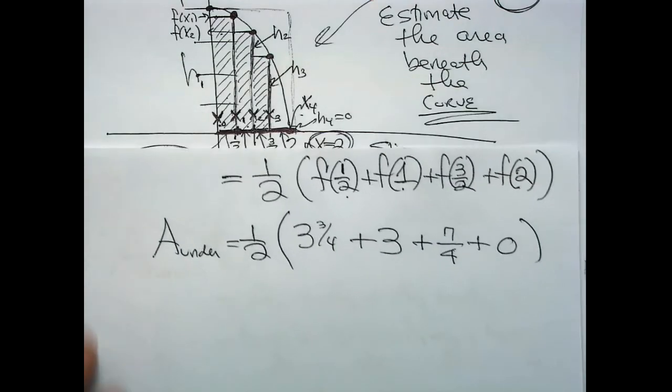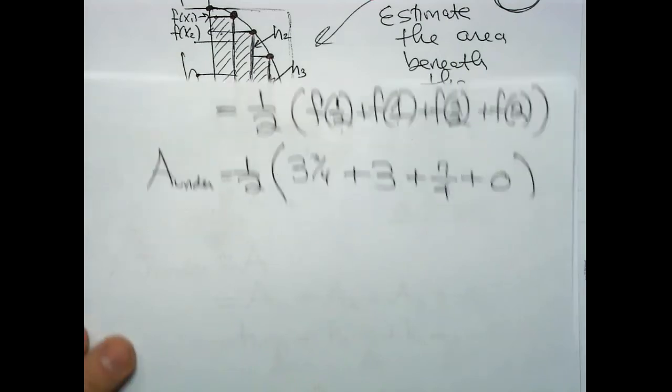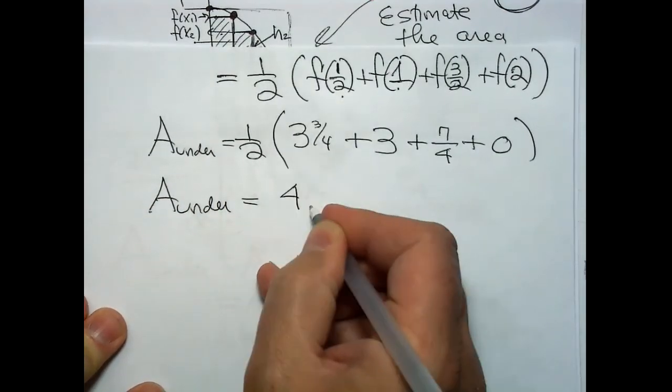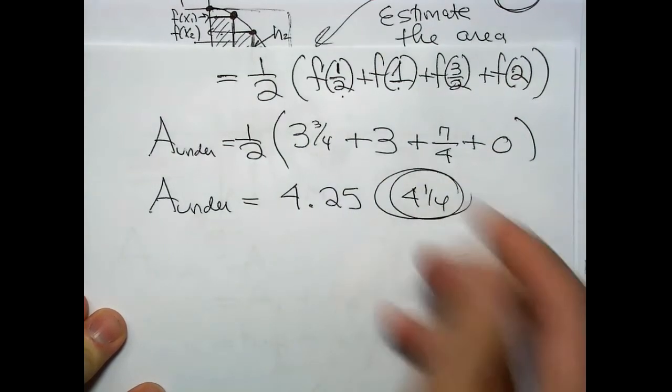So let's add all this together. Okay, got my calculator here, and I'm going to add 3 1/4 plus 3 plus 7/4, and then divide that by 2, and the underestimate of this area is 4.25 or 4 1/4.